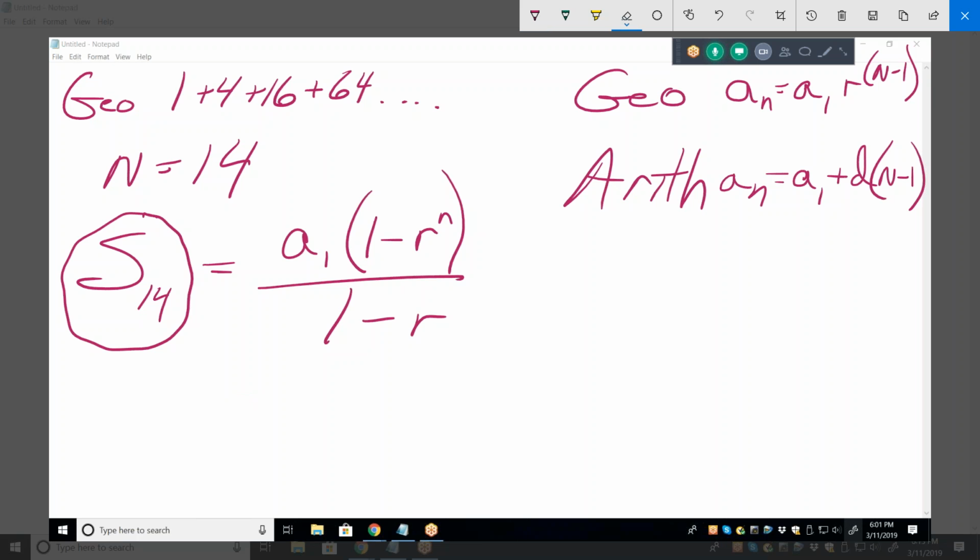I'm going to test the first 3 terms. In other words, what is s sub 3 according to this formula? What's a sub 1? Oh, a sub 1 is 1. Going to multiply it by 1 minus the common ratio, which is what?